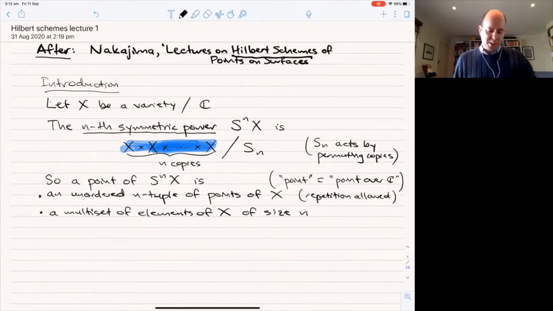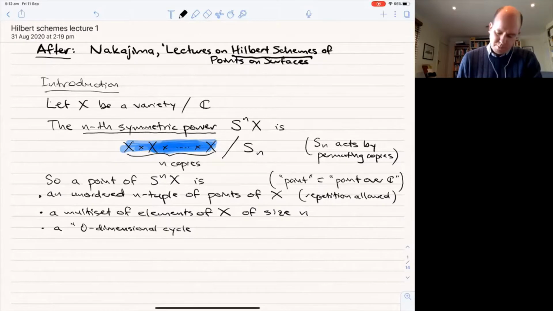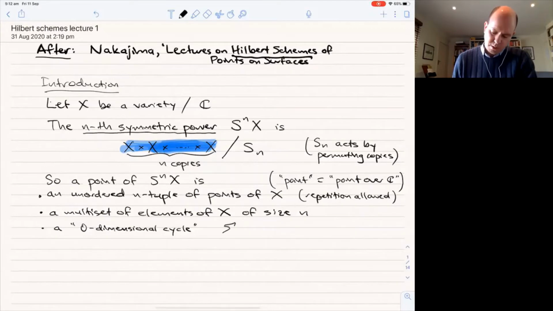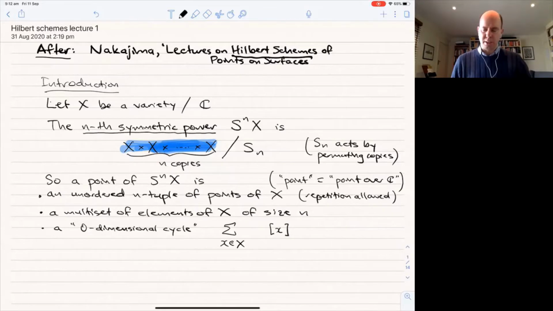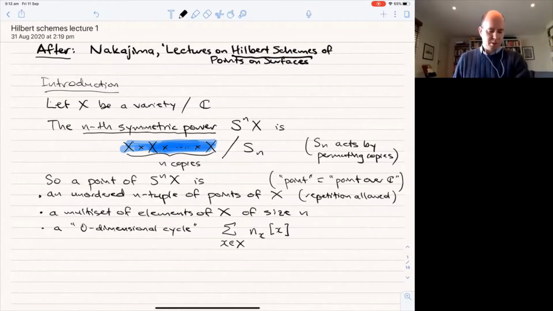Or in algebraic geometry terms, this is usually called a zero-dimensional cycle, because they're usually written as a formal sum of points of X. So you put square brackets around the points of X to be able to write them in linear combinations, and the coefficients are meant to be non-negative integers, almost all zero.